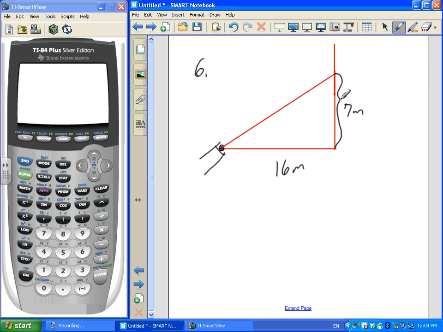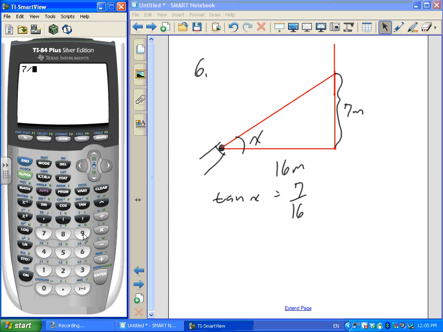At what angle of elevation should the light be set at? So we're looking for the angle here. Angle of elevation. We have the opposite and the adjacent side. So again, we're going to be using tangent. Opposite is 7, adjacent is 16. The only difference is we're trying to find the angle. 7 divided by 16.